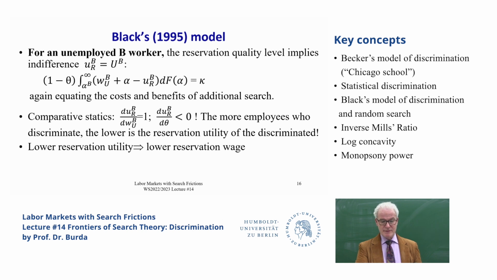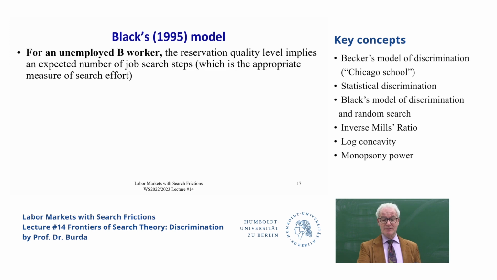You have lower reservation utility, lower reservation wage effectively, because the reservation wage can be thought of as the posted wage minus the utility of the particular match. So those people are more likely to accept wages, and if they are, then it means the firm will probably, in maximizing its profits, try to take advantage of that. So you'll certainly have a lower wage for the B worker.